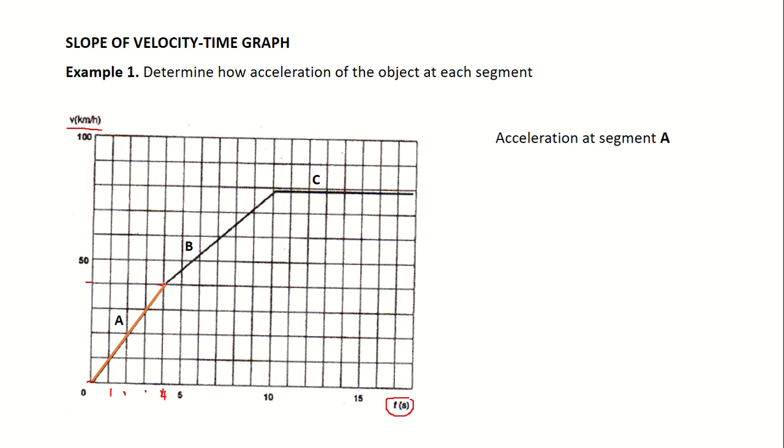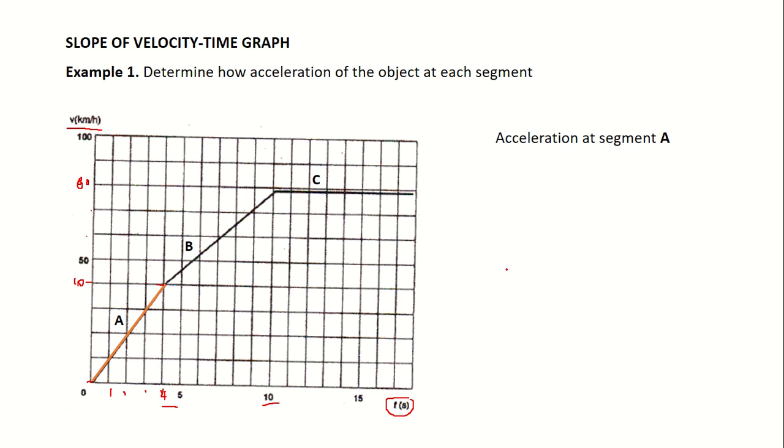And then segment B na tayo, nag-iba na yung slope. That is from 4 seconds until 10 seconds. I was traveling at 40, and then I reach 50, 60, 70, and 80 kilometer per hour.